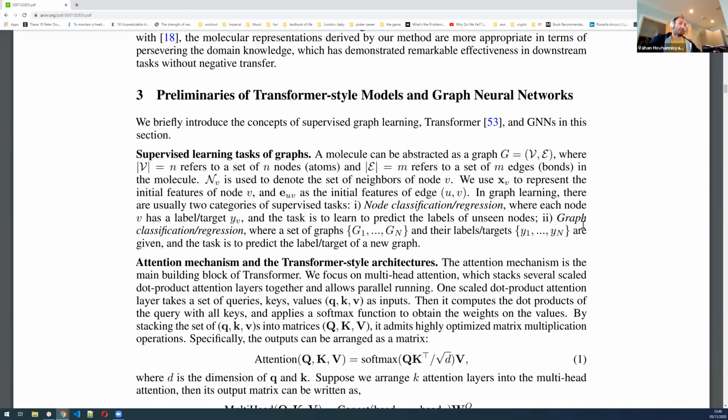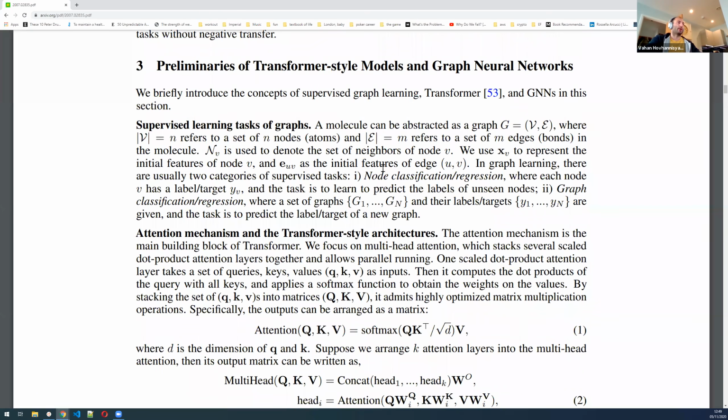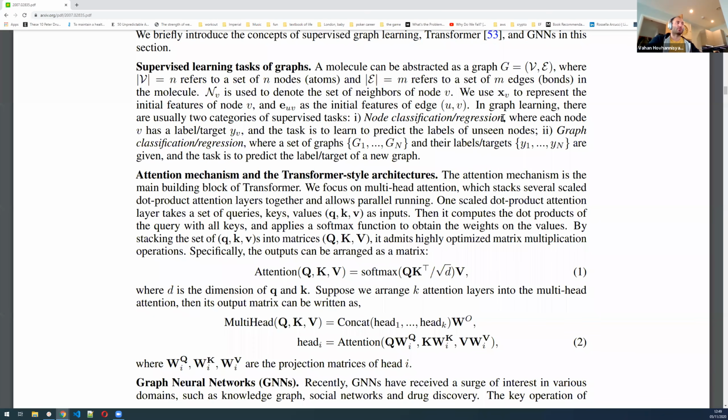But those are the initial embeddings, right? After training our model, we will have new embeddings for each edge and each node. And that's the goal of pre-training, really. And of course, each node has a label, which we are trying to learn. Okay? And the learning task can be classification or regression, depending on your specific problem.